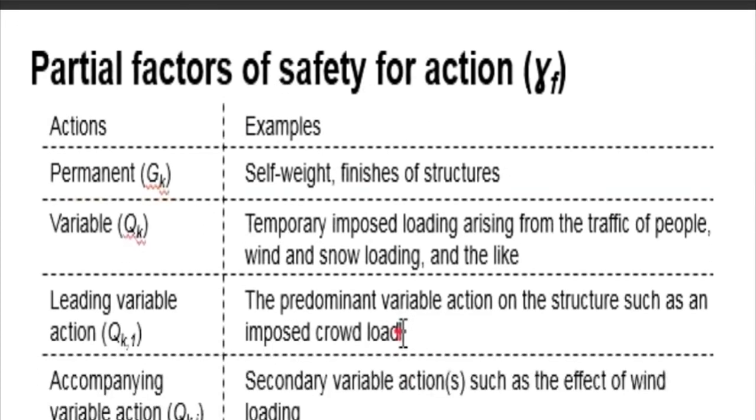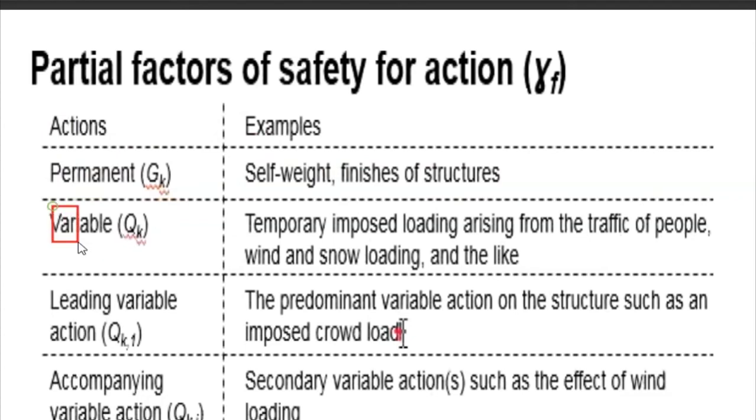Now when we pass through the actions and the examples: the permanent load is, for example, the self-weight or the finishes of the structures. This load is called permanent load, or in BS we say dead load or Gk.